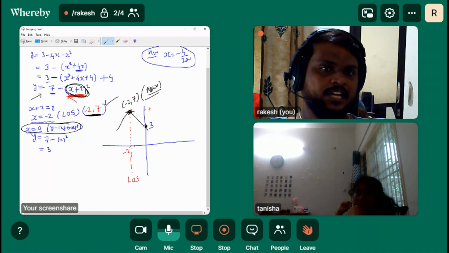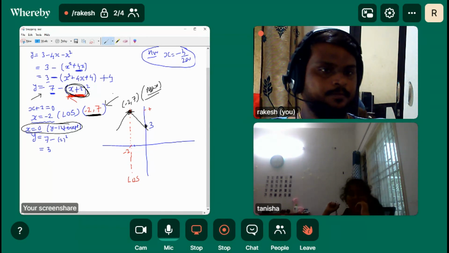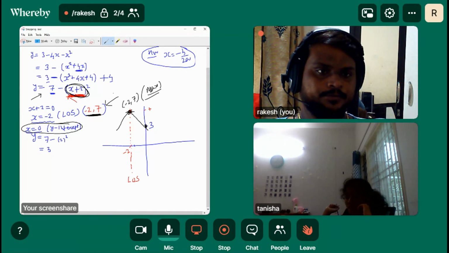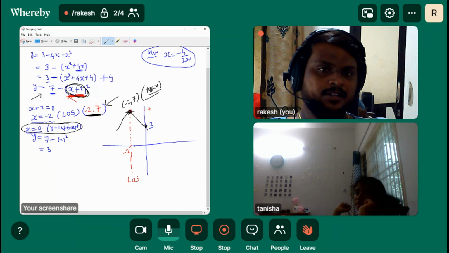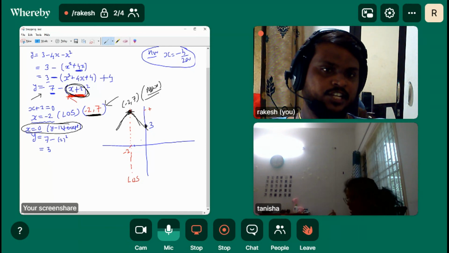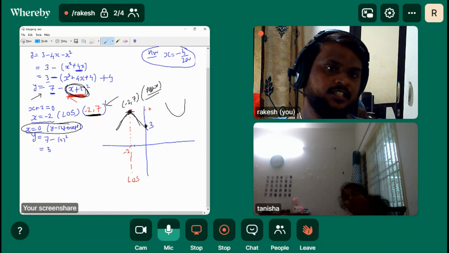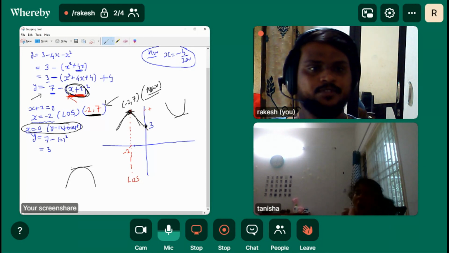That coordinate will be either maximum or minimum, and that is revealed by the nature of the curve. If the curve is like this, it will be minimum. If the curve is like this, that would be maximum. Is that fine?